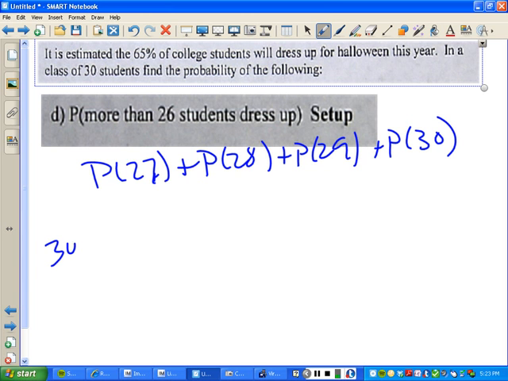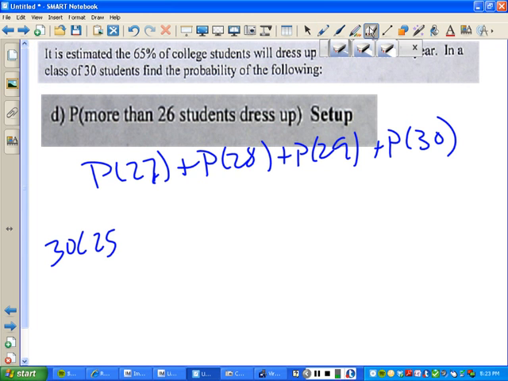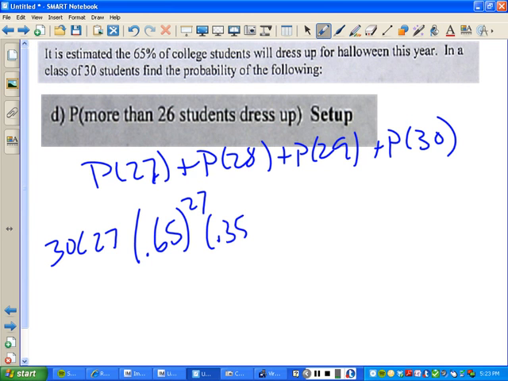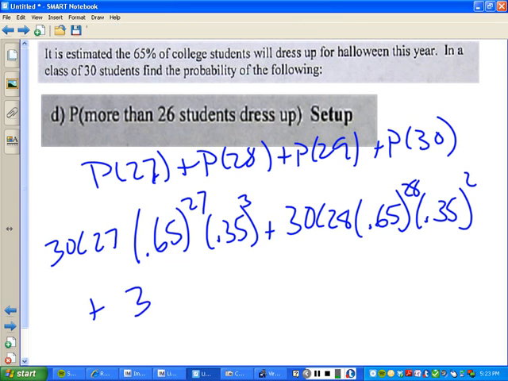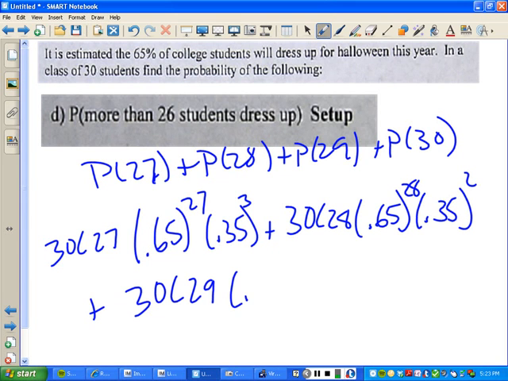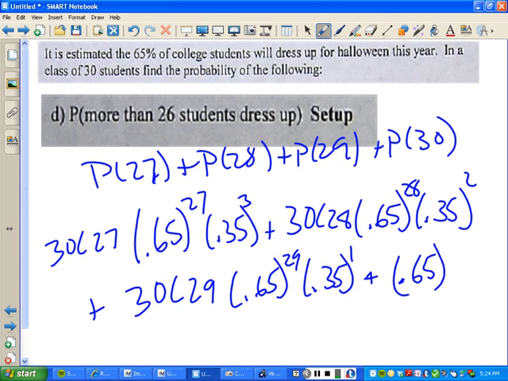You'd be in a real ball of wax. So 30 choose 27, times 0.65 to the 27 times 0.35 to the third, plus 30 choose 28, 0.65 to the 28th, 0.35 to the second, plus 30 choose 29, 0.65 to the 29, 0.35 to the first, plus the probability that all 30 show up, 0.65 raised to the 30th, although you found that earlier.